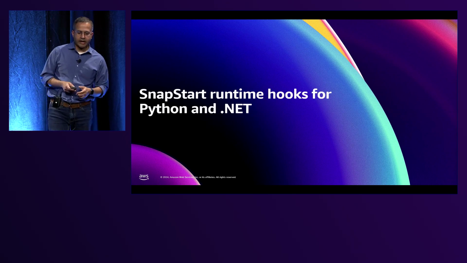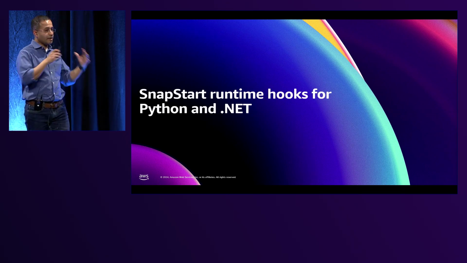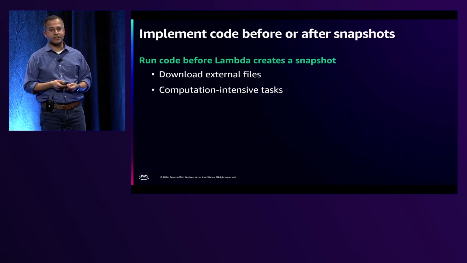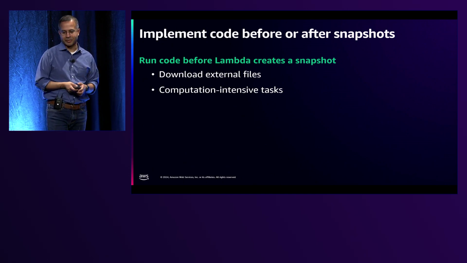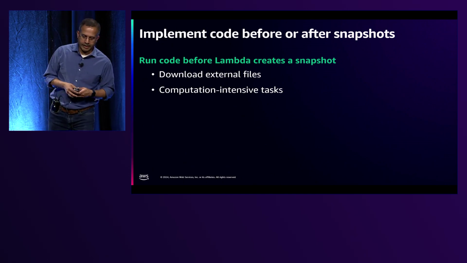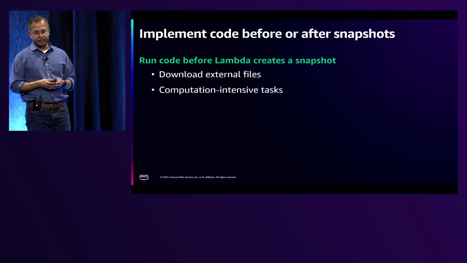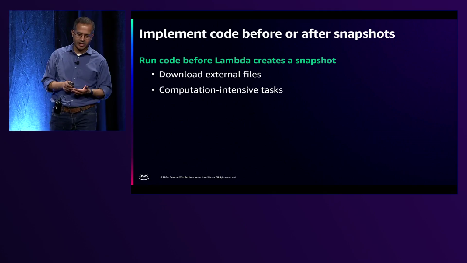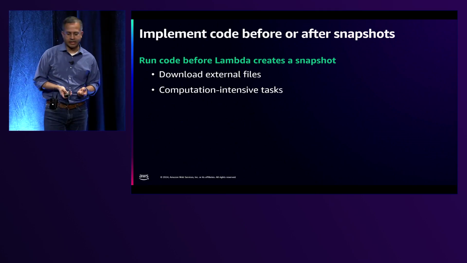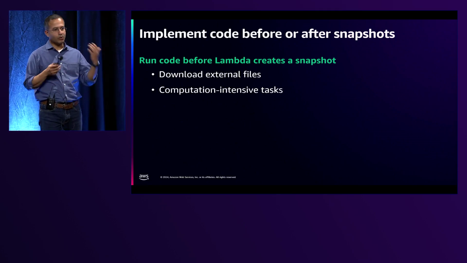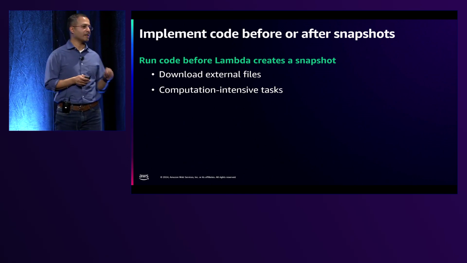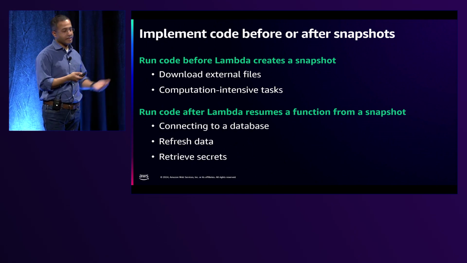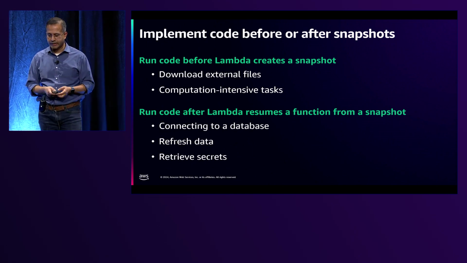And I think now I will go into the details of once you have enabled SnapStart, what are some other options? I talked about the hooks for Python and .NET, so let's talk about that. When you want to implement code before or after snapshot creation, such as before creating a snapshot, typically if you are downloading external files or there are some compute intensive tasks, those you cover as part of before creating a snapshot.